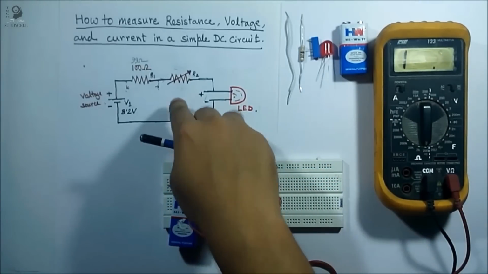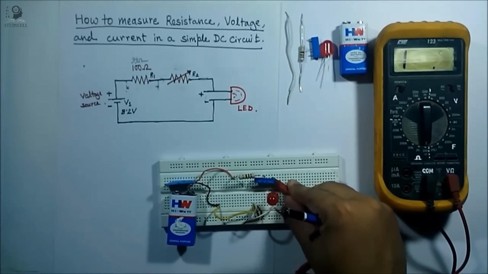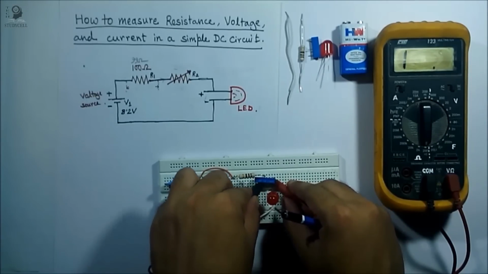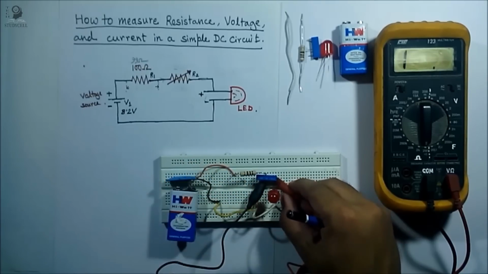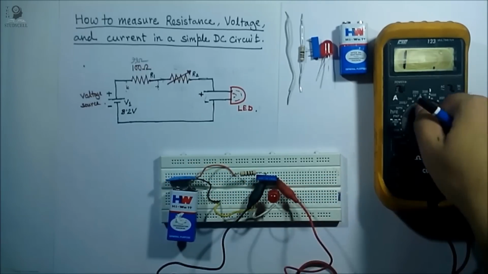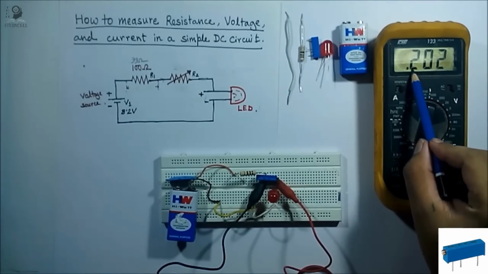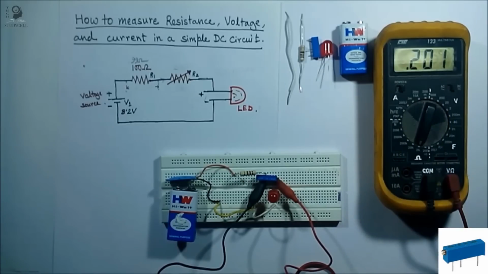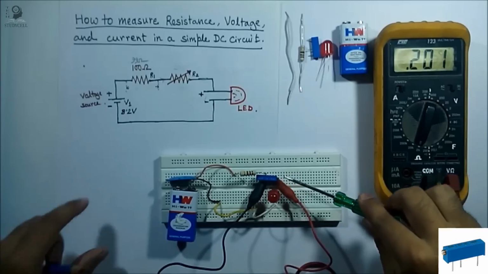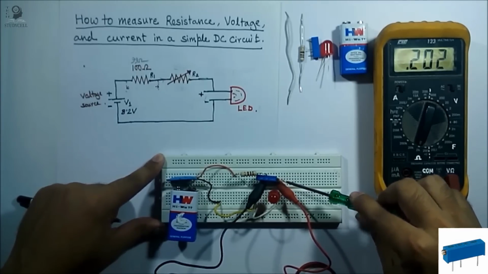Now if you want to measure the resistance of R2, you have to connect both leads of the multimeter across R2. By changing the range, you can see the value is 0.2 kilo ohm, which is 200 ohm, and I can change the value of this resistance, as it is a variable resistance, by rotating this screw.